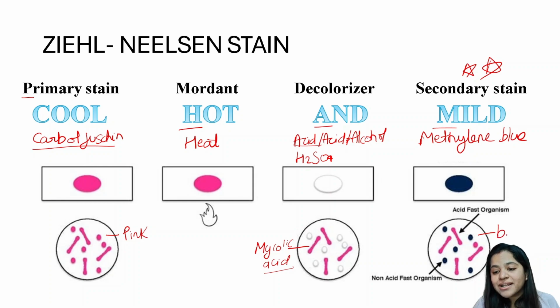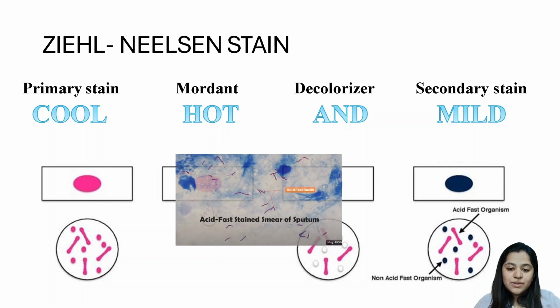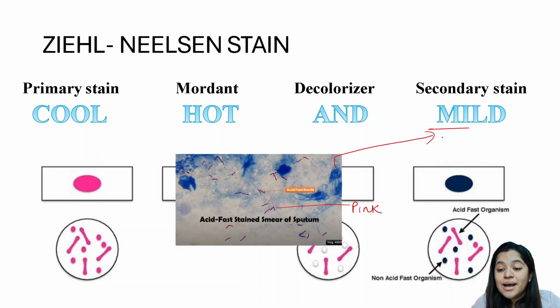Also, background will take up the secondary stain. Okay. So at the end, when the staining is done, the picture will look something like this. See, these are your acid-fast bacilli. What is the color? Pink. What is the background? The background has taken the secondary stain, the methylene blue. Okay, I hope it was clear.